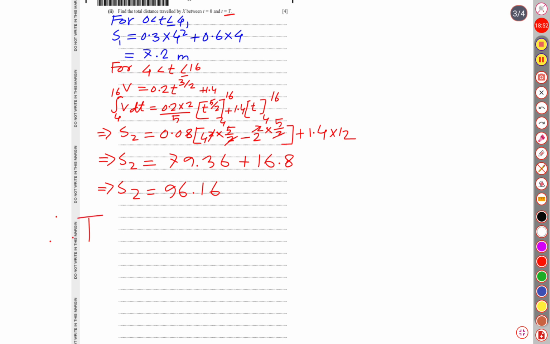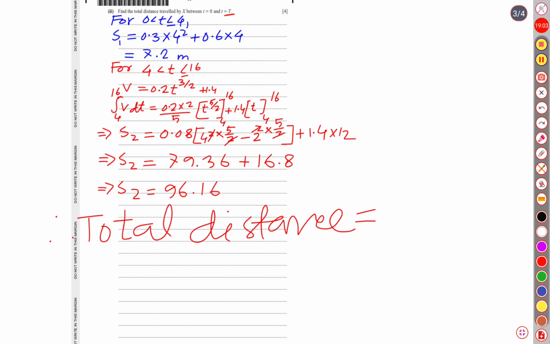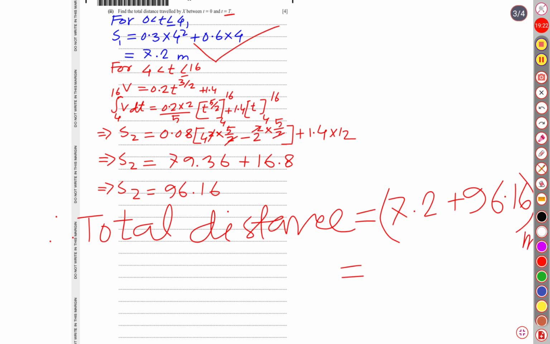Hence total distance, or displacement, whatever you write, is equal to: the first phase was 7.2 meters, plus in the second phase it was 96.16 meters, which is equal to 103.36.